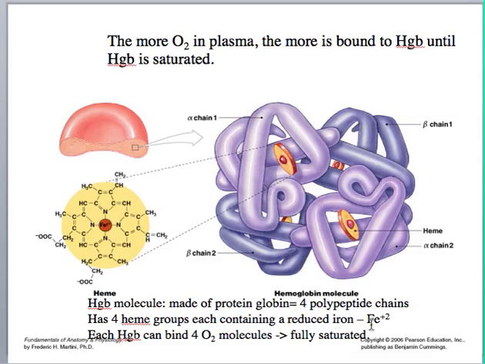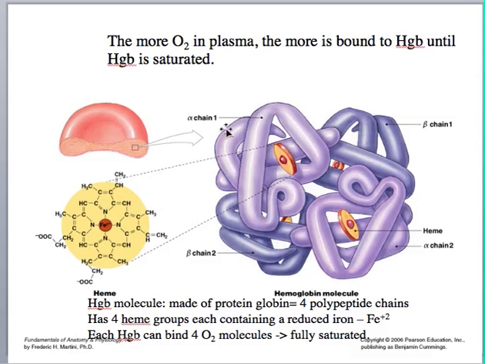But at any rate, it has an iron atom in the middle of it. So there are 4 heme groups and 4 iron atoms, and the whole hemoglobin molecule can bind 4 oxygen molecules. The oxygens bind to the heme group, so each oxygen molecule, O2, can bind to each one of these heme groups.